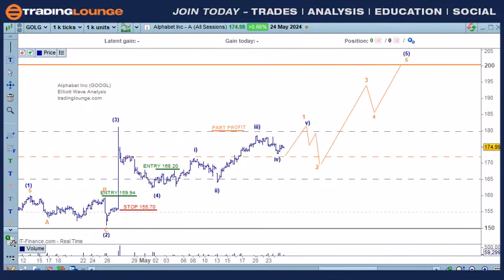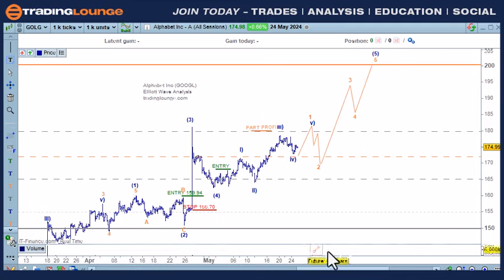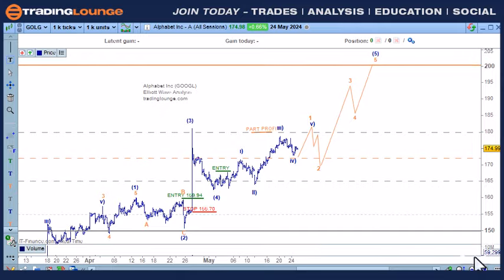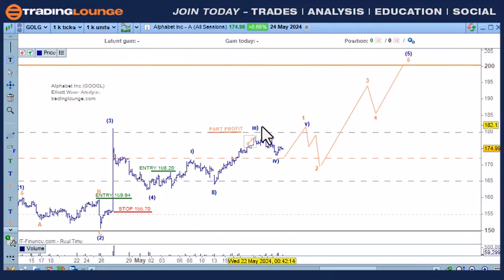Now Google's a little bit different, and we're looking from this wave 4, we're looking at 1, 2, 3, 4, 5 up here for 1 and 2, and then 3, 4, 5 up here. So we've got some positions in here and still 1 down here somewhere, but basically we can take part profit here, and we can look to build back in over here for all of this as well, and go up to the 200 there and then exit at that point.